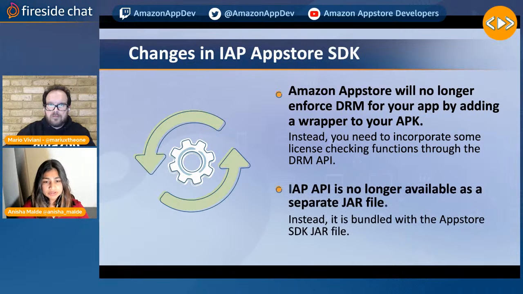Instead, if you want digital rights management for your Android app, you need to take some extra steps to incorporate license checking functions in your app through the DRM API. Secondly, the in-app purchasing API is no longer available as a separate jar file. Previously, when you wanted in-app functionality, you downloaded a standalone in-app purchasing jar file and incorporated it into your app. Now it is bundled with the App Store SDK jar file.